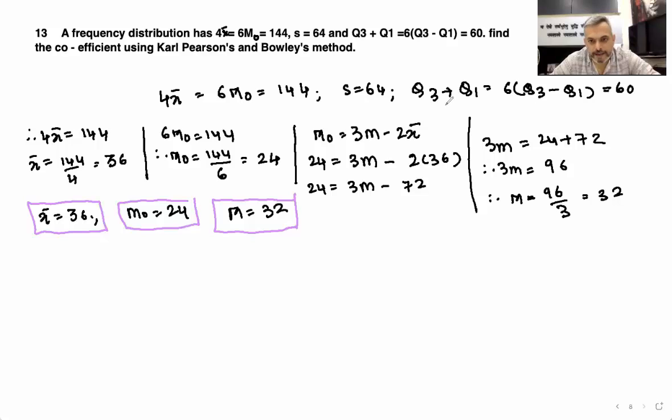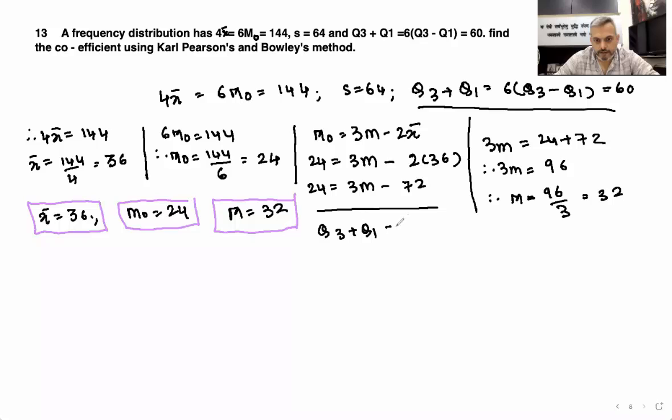Now here Q3 plus Q1 is equal to 6 in the bracket Q3 minus Q1, and Q3 plus Q1 is equal to 60. So let's resolve this also along with this.